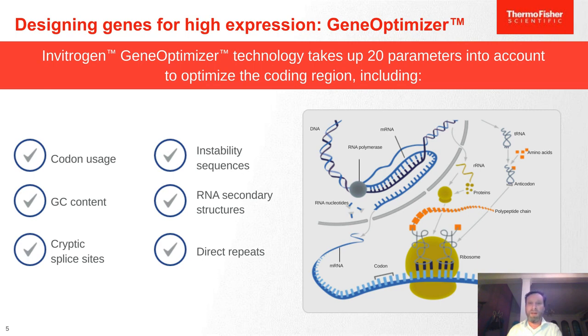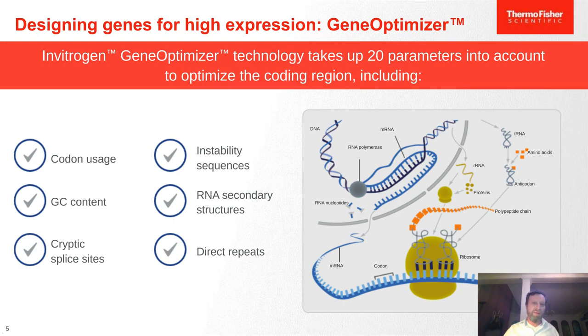You may know that high GC content genes express better in mammalian cells. Of course, we eliminate cryptic splice sites that may be present in the cDNA or in the DNA of other origin, avoid instability sequences, secondary structures, and so on. The list is long, up to 20 parameters.